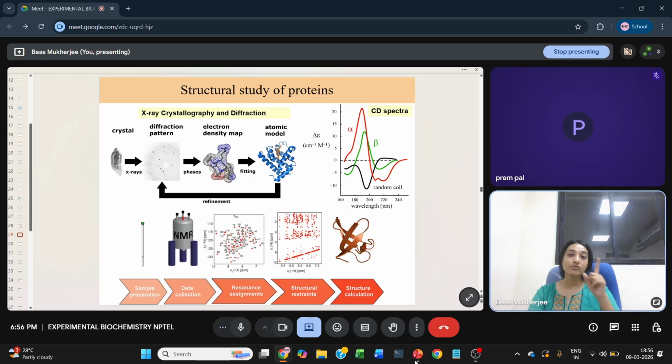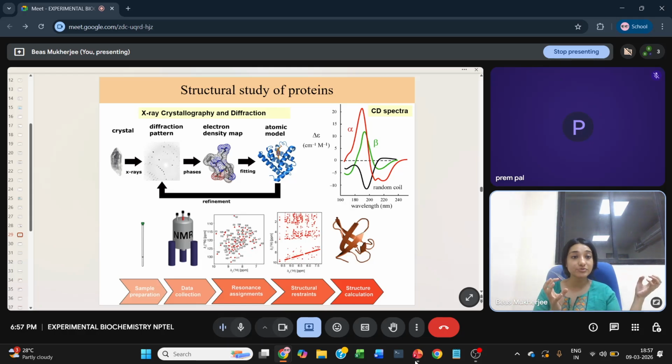So if you see, XRD and NMR can both be used for studying the three-dimensional structure of a protein, but CD spectroscopy gives you the two-dimensional structure of a protein. In the process of XRD, the protein is taken and crystallized, with specific salt concentration and specific protein concentration maintained for crystallization.